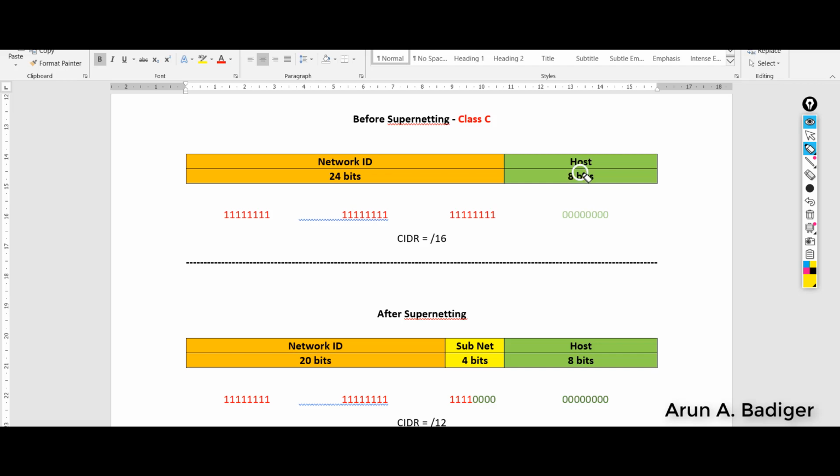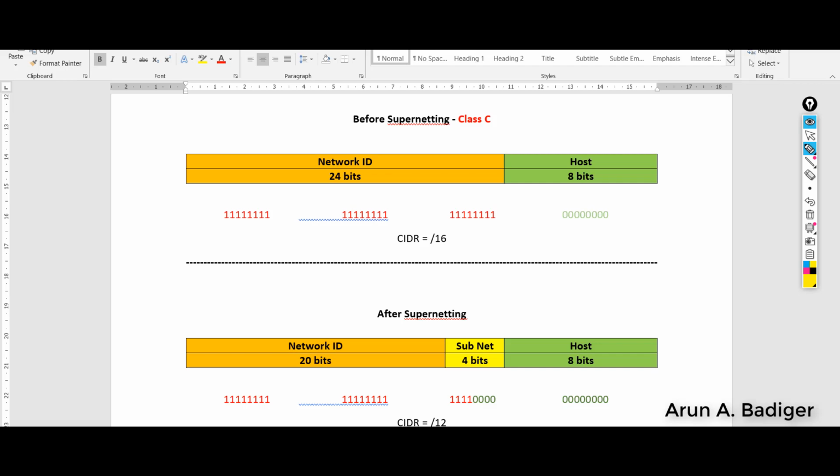This is not sufficient to hold the number of hosts in the network. 2 to the power of 8 will give you only 256, and only 256 hosts are not sufficient in this network. Therefore, we want to increase the number of hosts, and if you want to do that, then we have to go for supernetting.